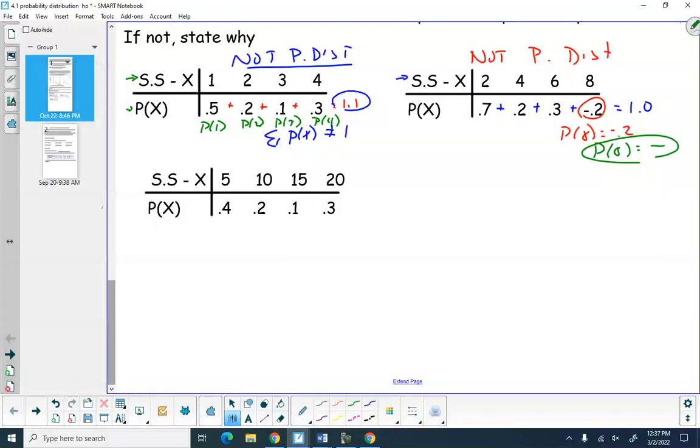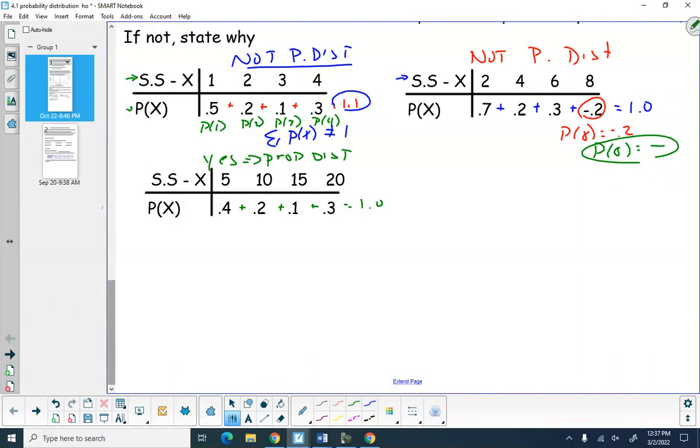The answer to both of those is yes. So yes, this is a probability distribution. If I add these up, they add up to 1.0, and all my probabilities are between 0 and 1. So I'm good to go.